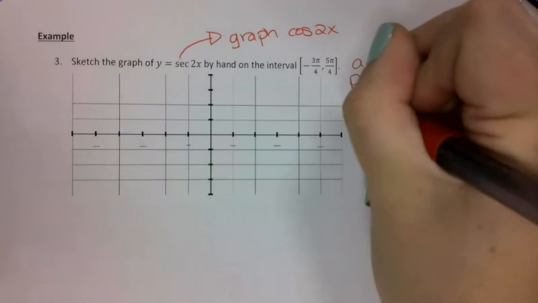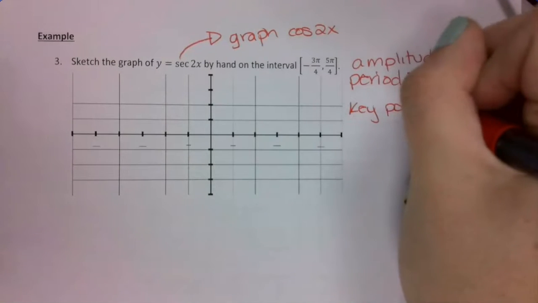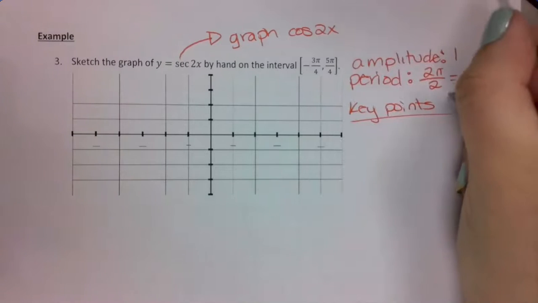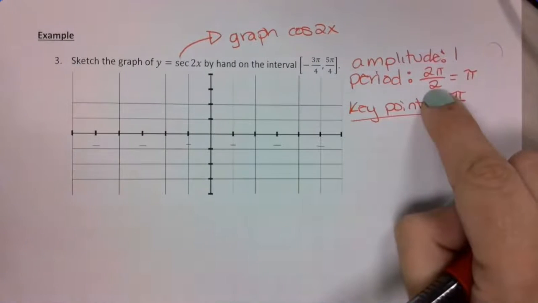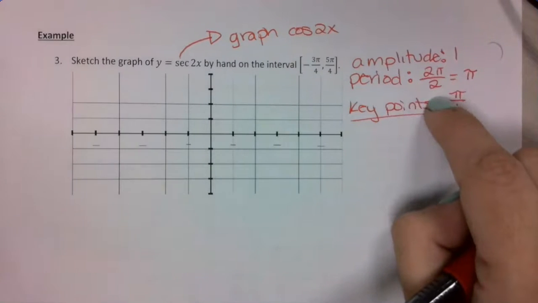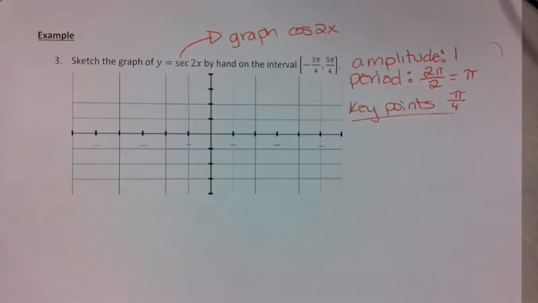Then I want to figure out my key points. I always take my period and divide by 4, so this time I'm doing pi divided by 4. Whatever the number in front of x is goes on the bottom of the fraction. Like if it was 1/2, I would have 2 pi divided by 1/2. What is my starting value for my key points?